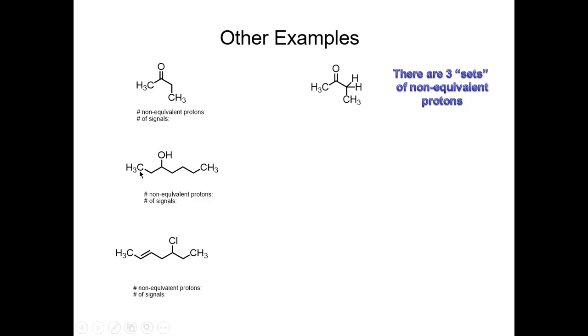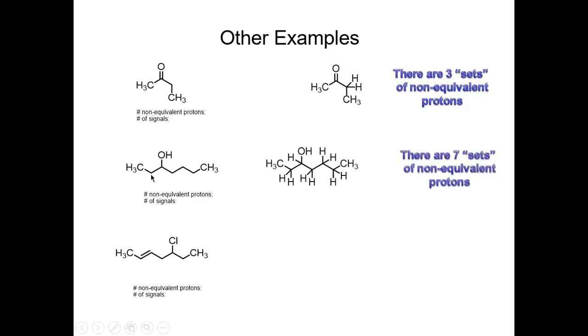How many sets of protons are here? We know that that's two right there. The CH3s, that's one. So that's two sets. What else do we have? I think it's 7 total. 7. Let's see. Yes.